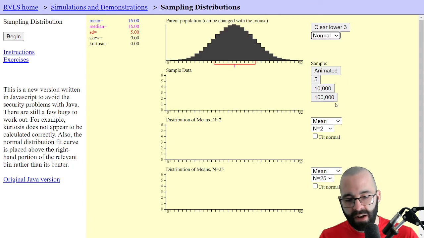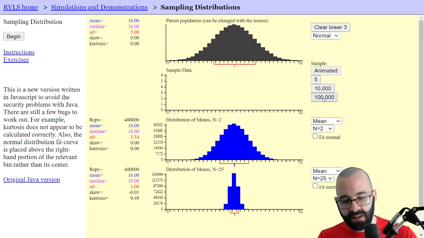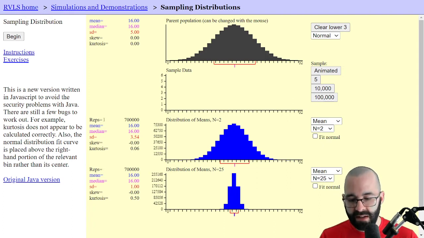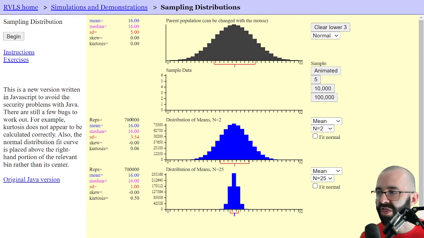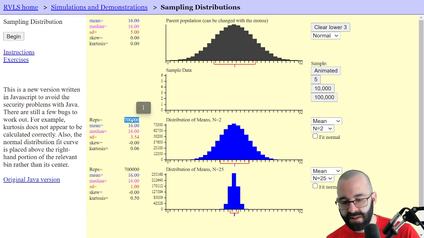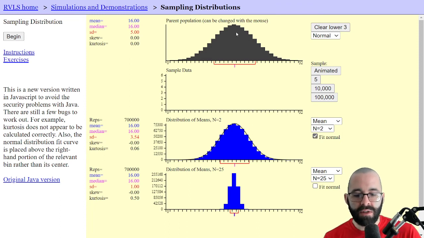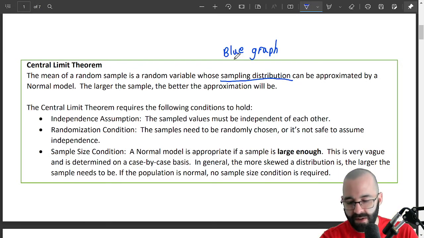We saw that a little bit, right? If we do the same thing, compare a sample size of 2 and a sample size of 25, and again, we did this 700,000 times, notice that this is still normal. So if our parent population is normal, there's no sample size requirement. That's what this is saying right here.